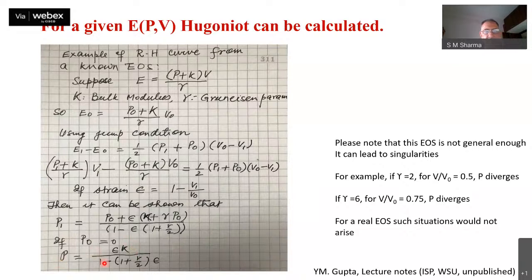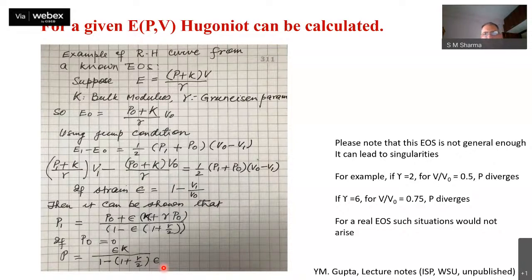That is the strain multiplied by bulk modulus, 1 minus 1 plus gamma by 2. So I showed that in case you know the equation of state, you can deduce the pressure-volume states for shock compressed material. That means that for a known energy functional, one can deduce the Hugoniot curve.